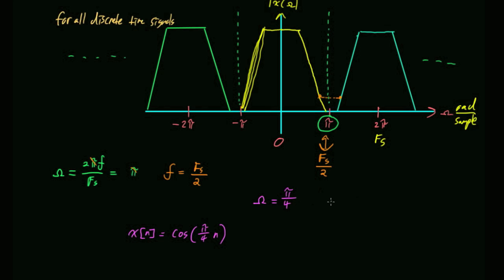So how many samples do I need to get to 2 pi? 8. So the period is always going to be 2 pi over omega, which in this case happens to equal, did I do it right? I did. 8 samples.